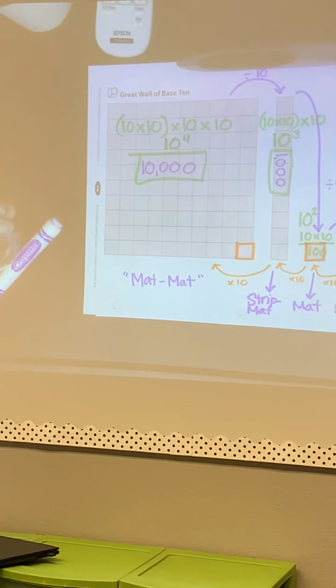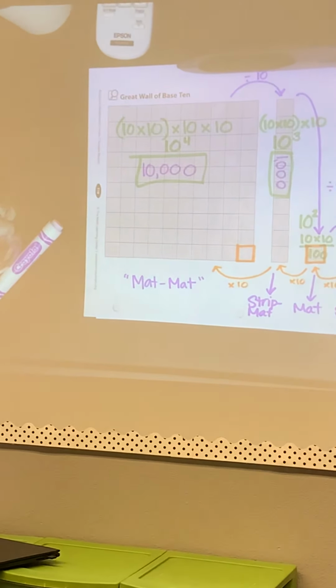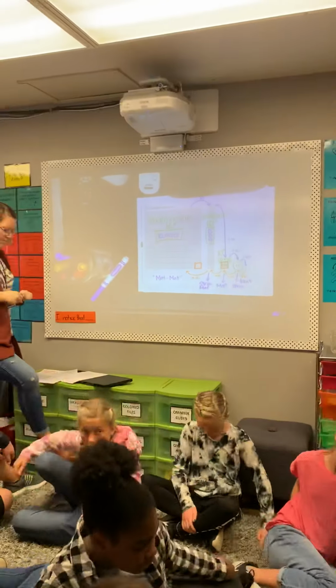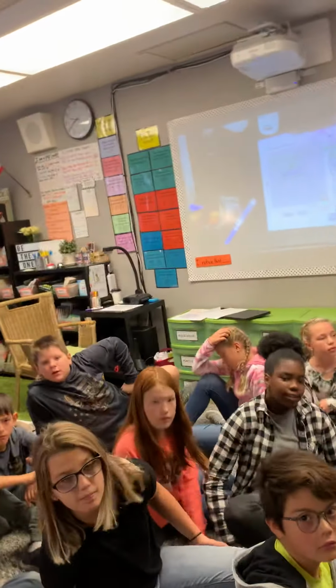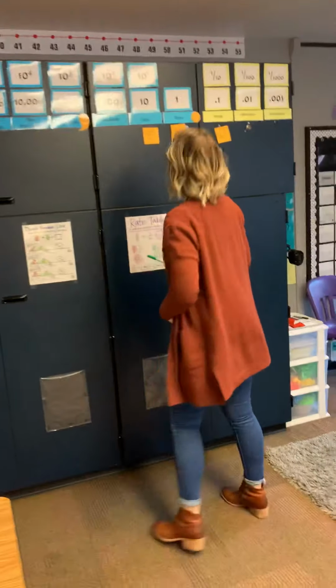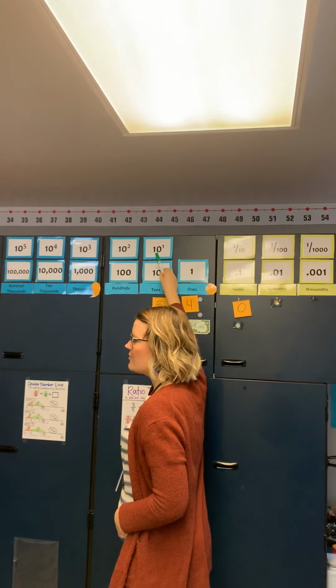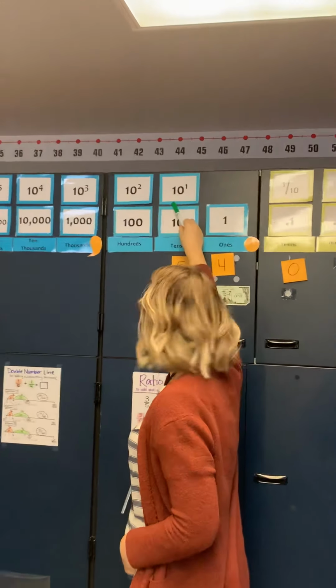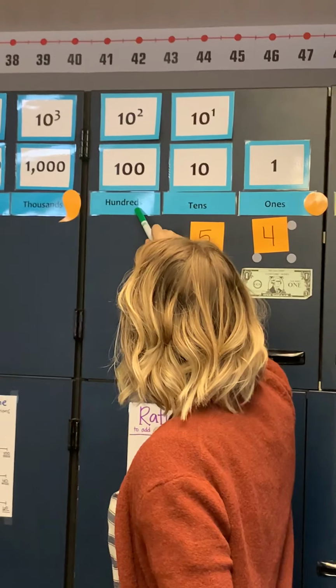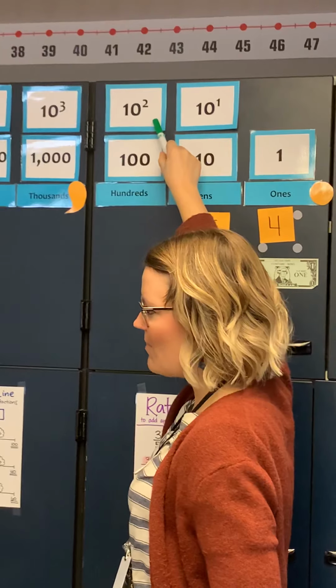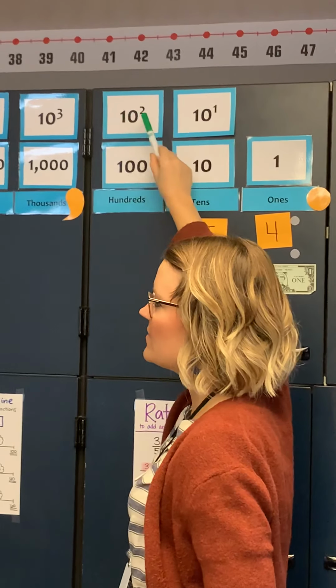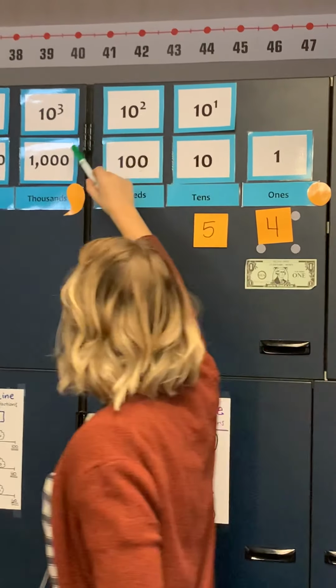I want to show you something, and then I'm going to ask you to think about this. Everybody take a peek over there at our cupboards. Notice in our place value chart, you may have noticed these before but didn't know what they meant. So here the hundreds, or that mat, is 10 to the second power, which means 10 times 10.